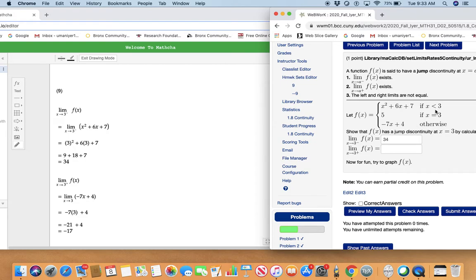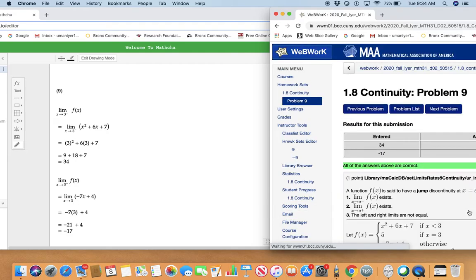From the left is this piece, equal is this piece, so otherwise means greater than. So from the right, I have to use this. Negative 7 times 3, negative 21 plus 4, negative 17. All right. Submit. Next problem.